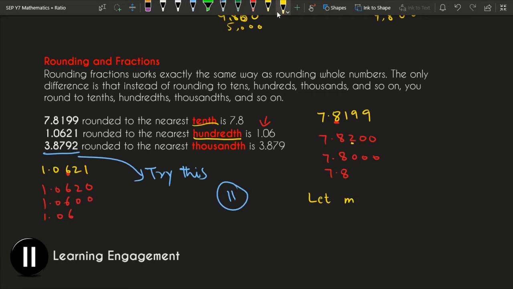If you couldn't solve it, let me help you. 3.8792. 9 lies at the 1000th place. 9 is followed by 2, which is less than 5. So we shall only drop 2 and the number becomes 3.879.